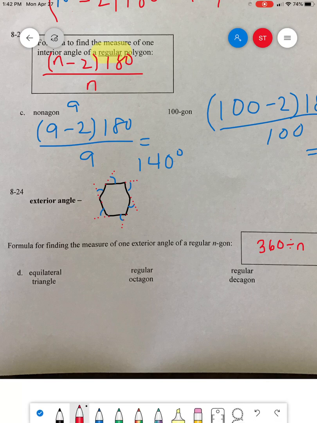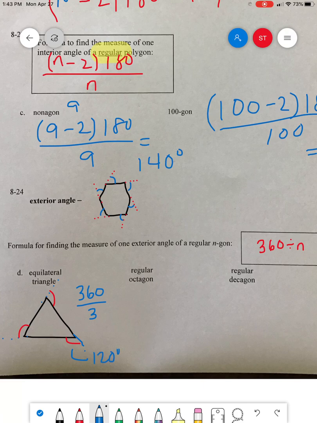I think we can, but first, let me just draw one. Okay, and then if I come in here and extend, try to do a dotted line, then these right here are exterior angles. There's 3 of them. They're all the same. So the formula is 360 divided by number of sides, which is 3. So each of these angles right there, 120 degrees.